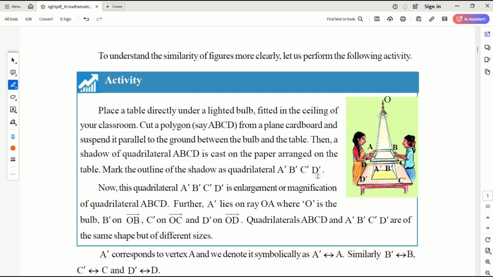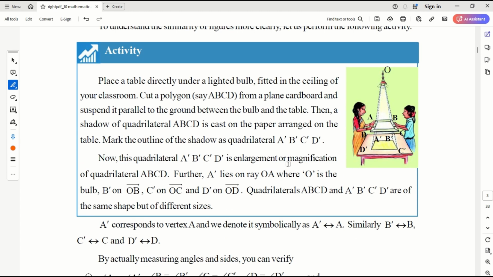Now let's do some activity to understand it more. At your home or at school, keep a light on top of the table. Take a rectangular piece of cardboard and put it in between the light and the table.